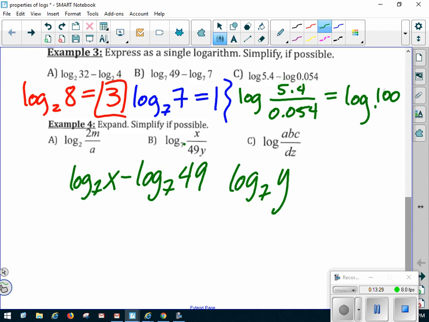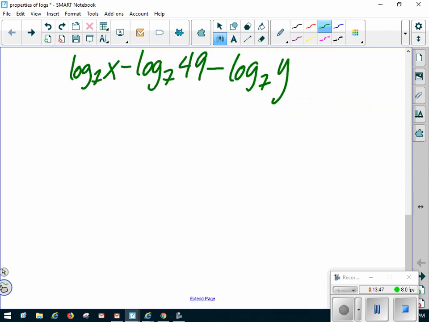Because you are dividing by that whole thing. Do you see that you're dividing by 49 and by y? So you got to have a minus there as well. Any simplifying we can do there? What's log base 7 of 49? 2. Good. So log base 7 of x minus 2 minus log base 7 of y.